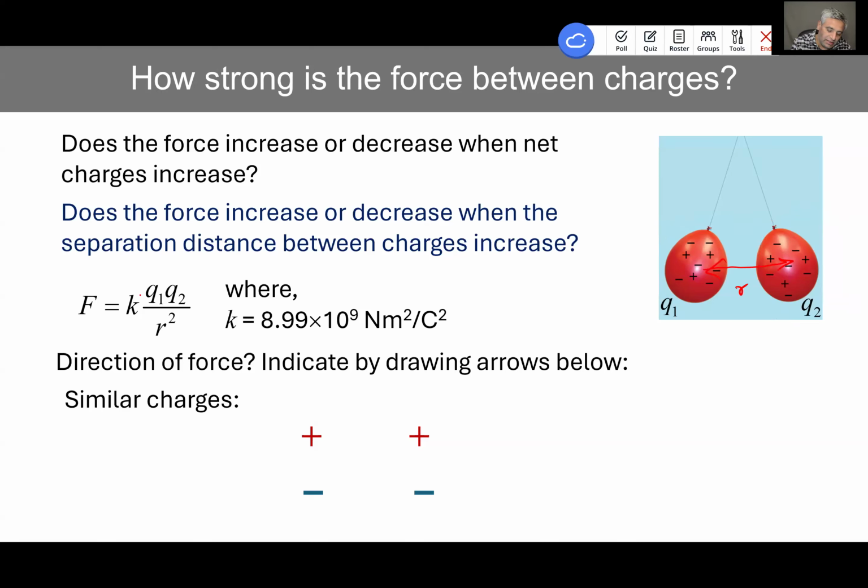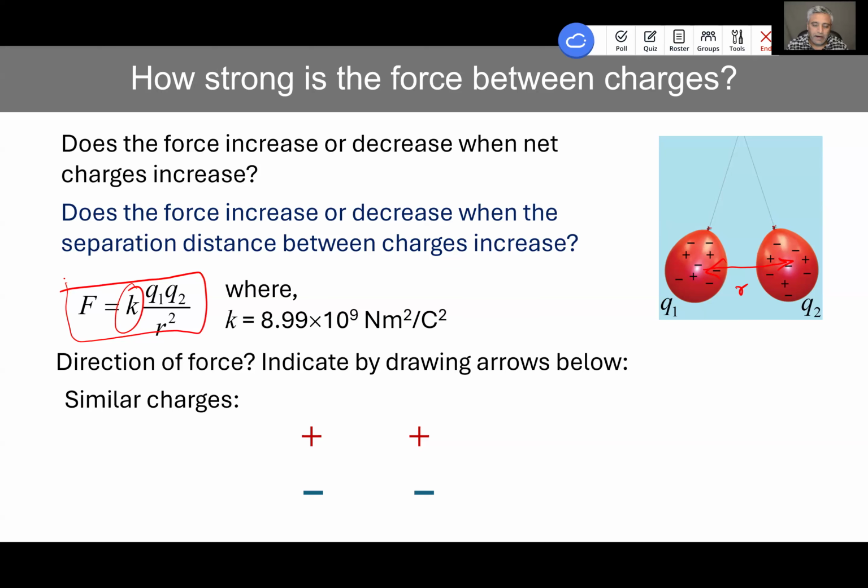And there is K, which is the proportionality constant, also known as Coulomb's constant, because this equation is also known as Coulomb's law.